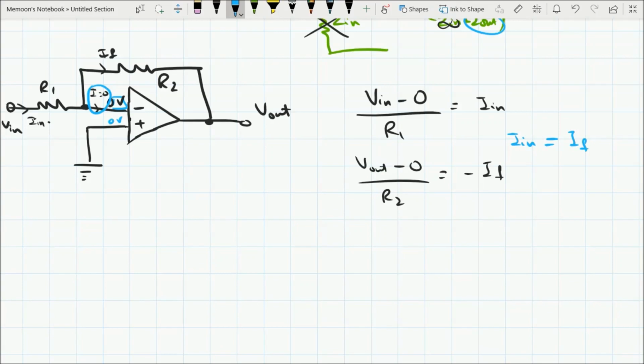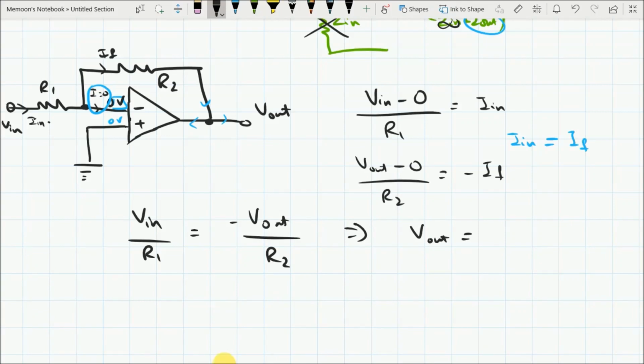There is no other path, so all the current flowing from this source through this R1 should move on through this feedback resistor to the V out, and here the current will split, but we don't care about that. So let's equate these two equations. V in over R1 is equal to negative V out over R2, which means that V out is equal to negative R2 over R1 into V in.